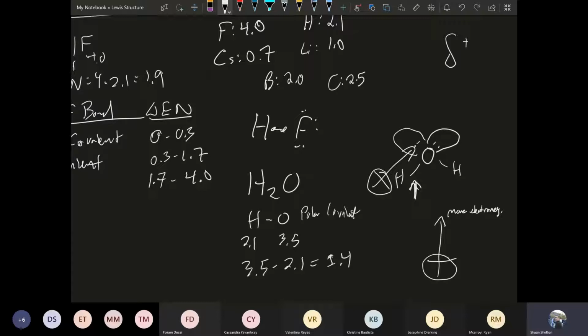So we have partial positive, and then we also have partial negative. So the oxygen is partial negative because it's more electronegative than the hydrogen, which makes the hydrogen a partial positive. These arrows that we draw are actually called dipole moments. All right, and dipole moments are formed in between two elements that have a difference in electronegativity value.